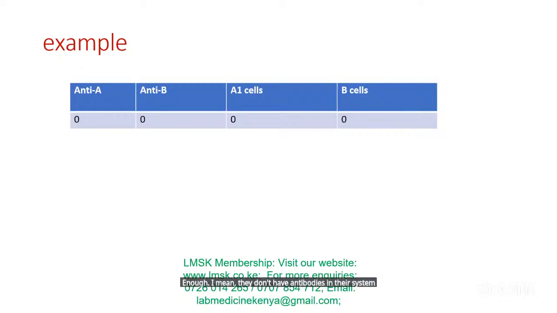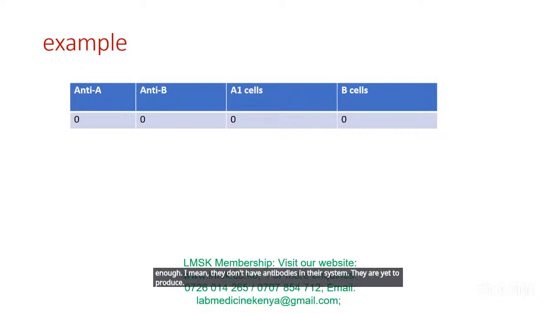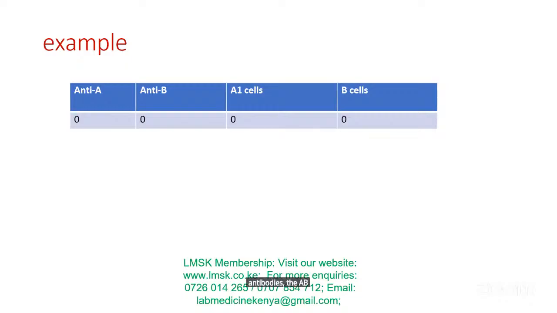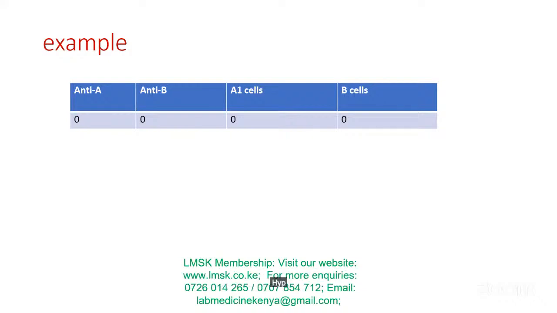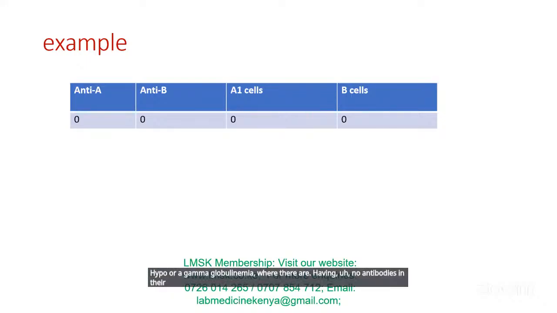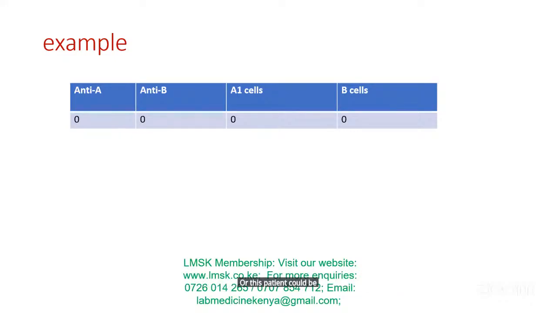They are yet to produce the ABO antibodies to cause a reaction. Or this patient could be suffering from hypogammaglobulinemia or agammaglobulinemia, where they have no antibodies in their system, or weakened antibodies. Or this patient could be immunodeficient. So those are the things you look at.